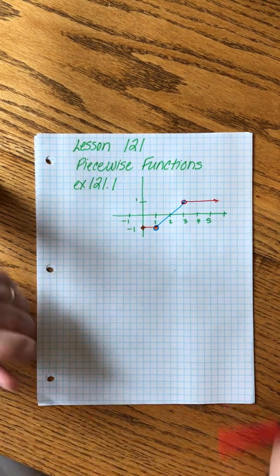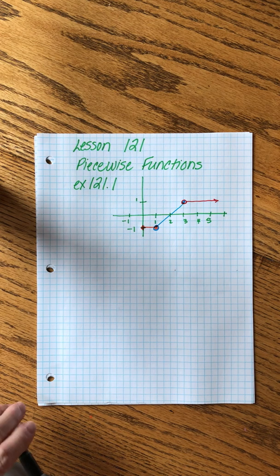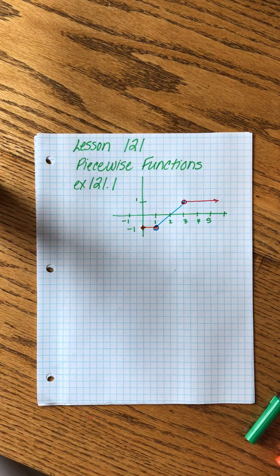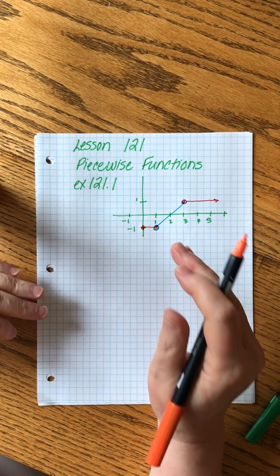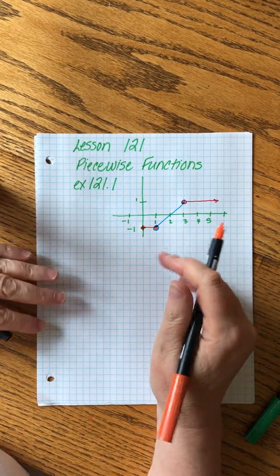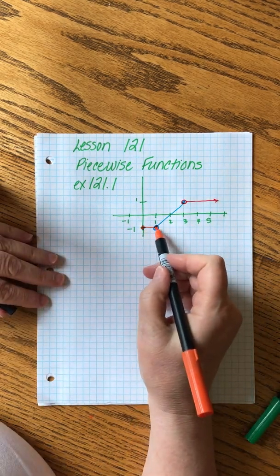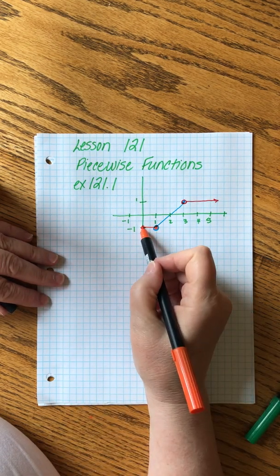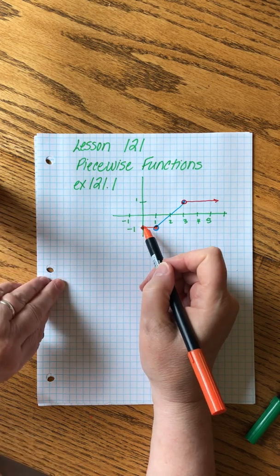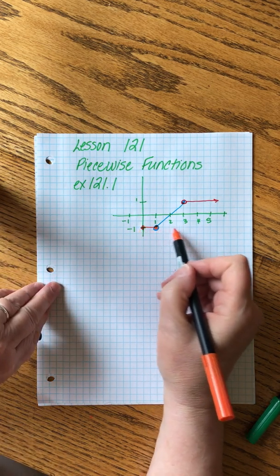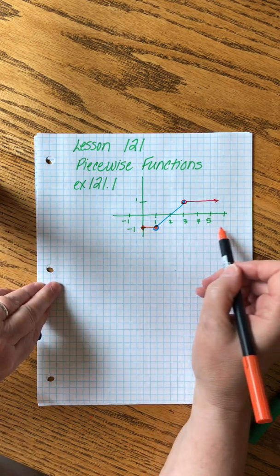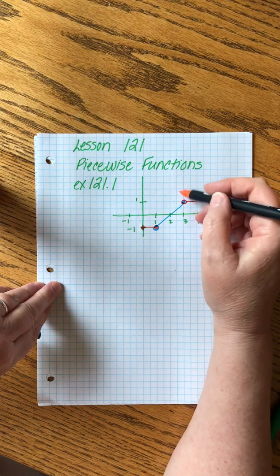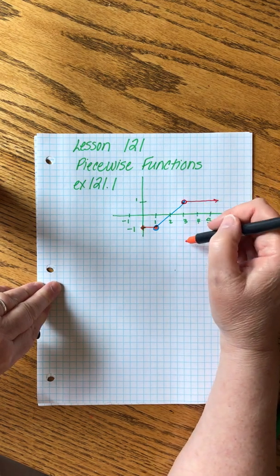Okay, so now what we're going to do, now that we've identified the different chunks of this function, we're going to go through and write equations and domains for each one. So with the orange part, it goes here. We can see that y is equal to -1. It's a horizontal line. Remember, horizontals are y equals and verticals are x equals.